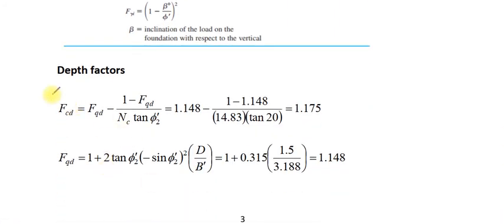The depth factor F_cd equals F_qd minus (1 minus F_qd) over N_c tan phi, which gives us this value, and F_qd for the second term uses this equation.